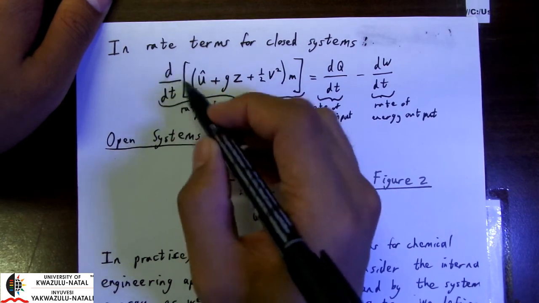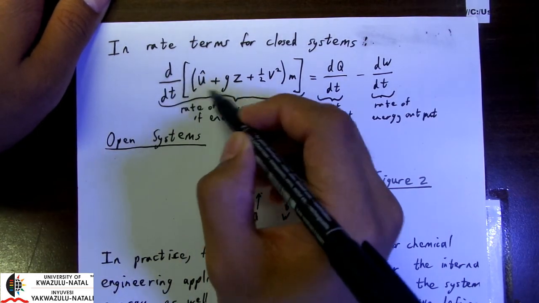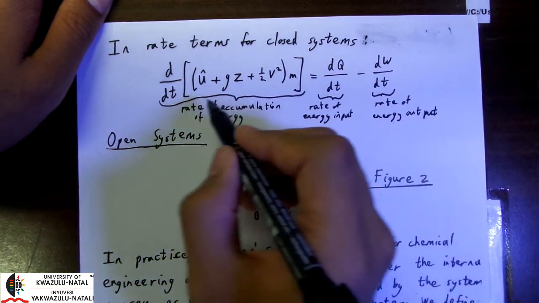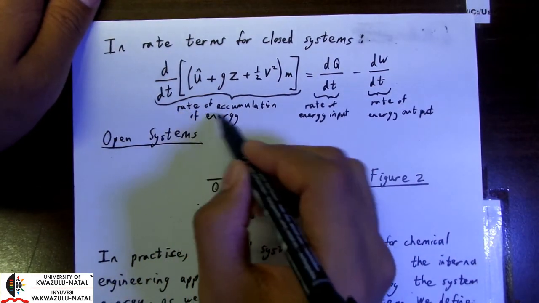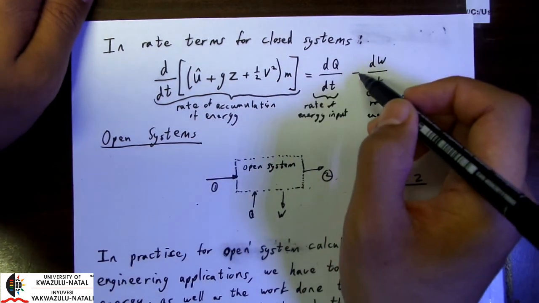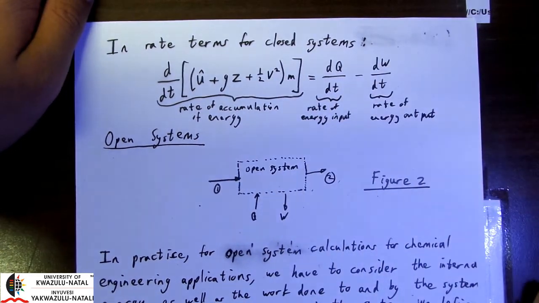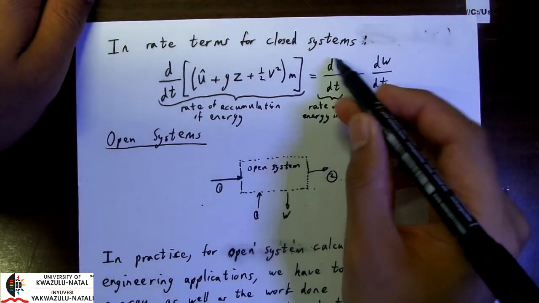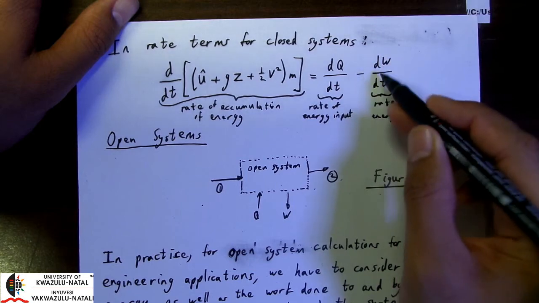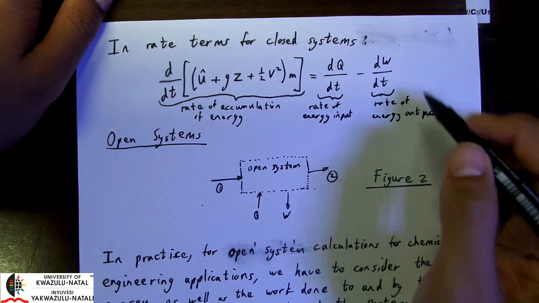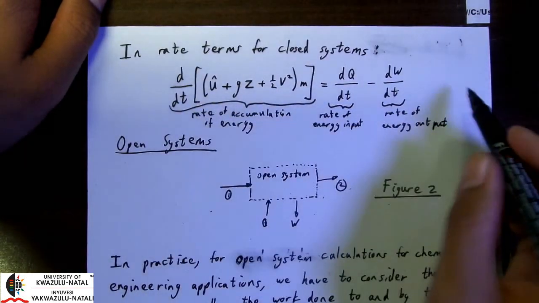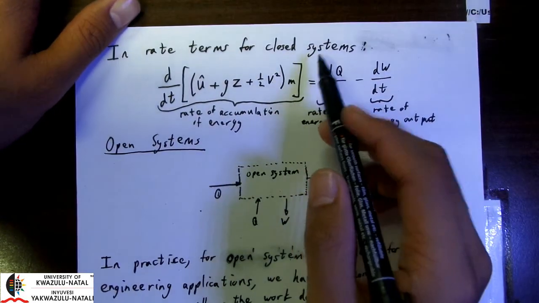We have d/dt of our internal plus potential plus kinetic energy, and that is representative of the rate of accumulation of energy, and that is equal to our input minus our output. So dQ/dt is the rate of energy input, and dW/dt becomes representative of the rate of energy output. So this is for closed systems.